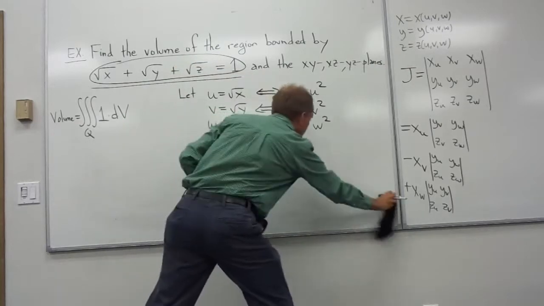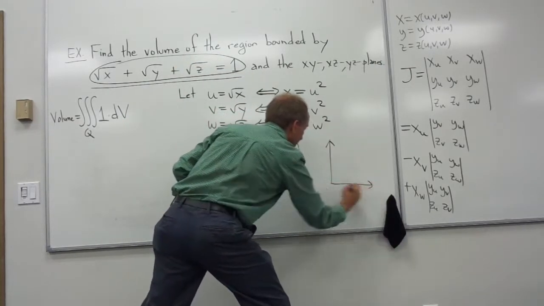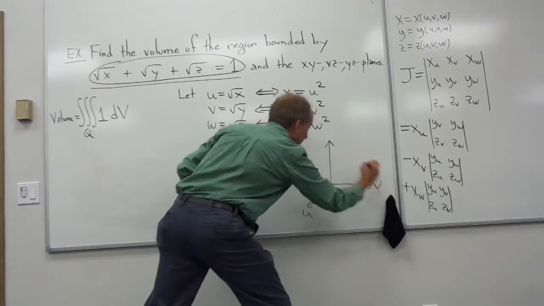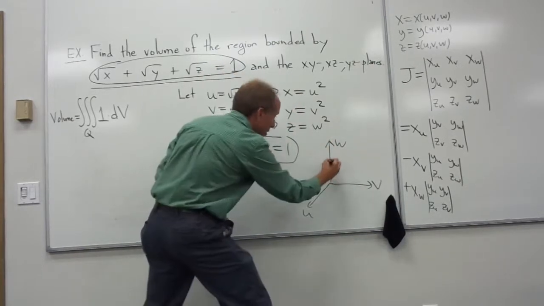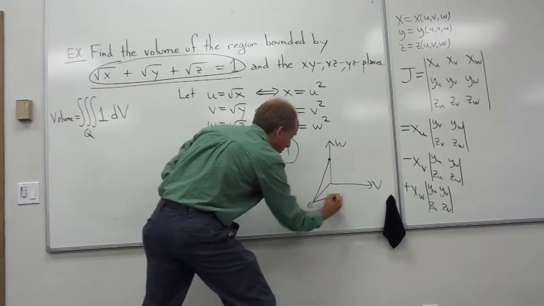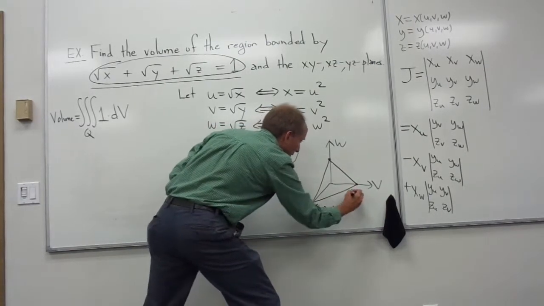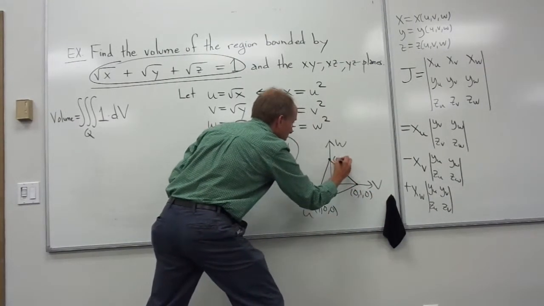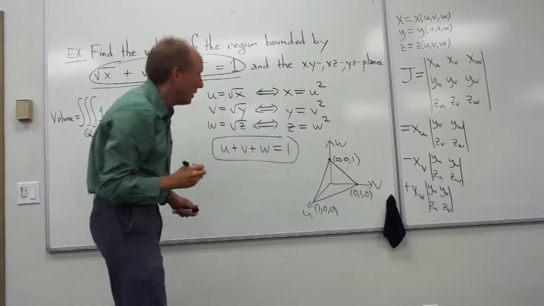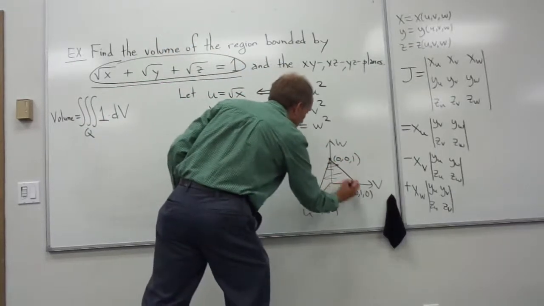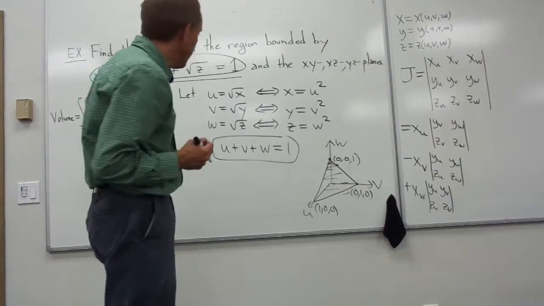In the u, v, w coordinate system, this is just a plane that goes through (1, 0, 0), (0, 1, 0), and (0, 0, 1). So this is going to be a pretty nice domain to integrate.